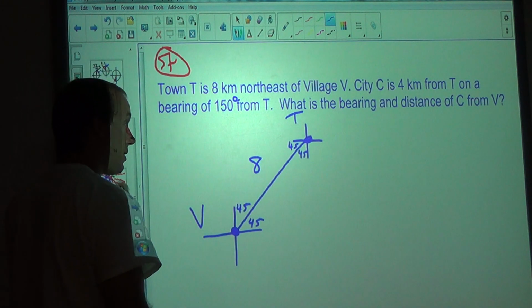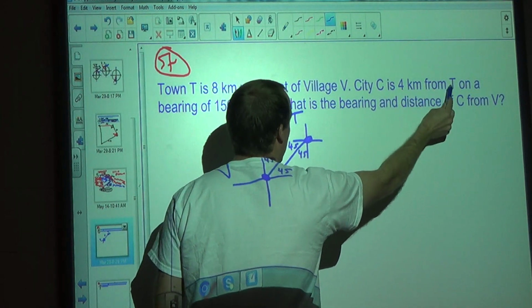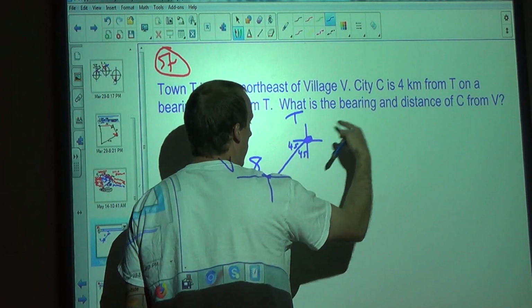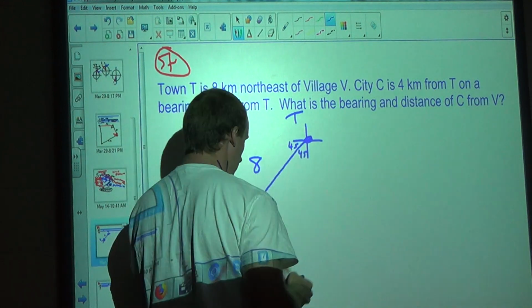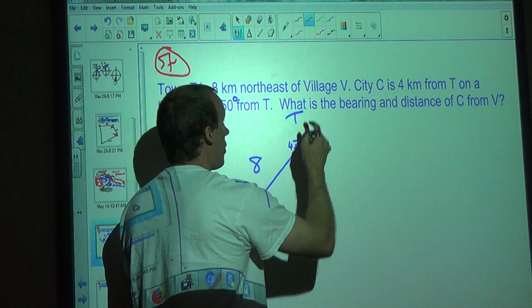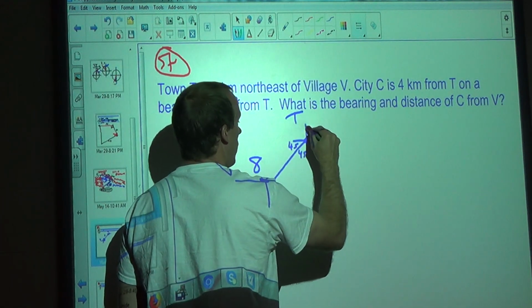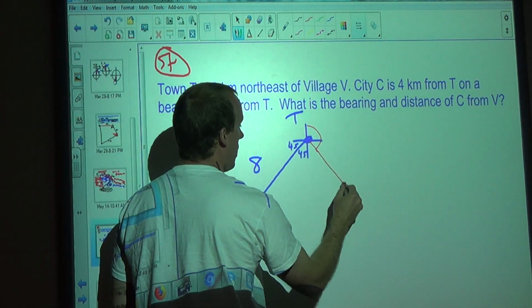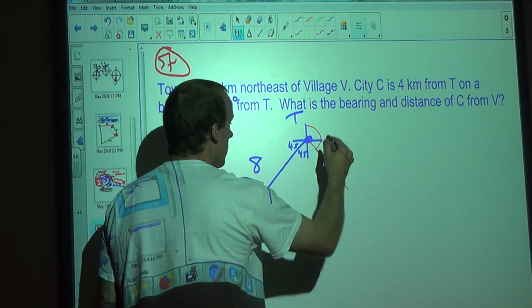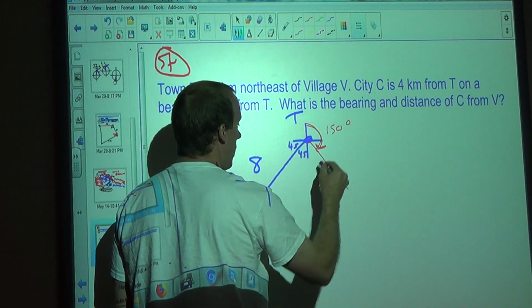Then it says city C is 4 kilometers from T. So you're starting at T on a bearing of 150. So 150 means you start at the north, and you're going to go down. Well, 90 is there, and it doesn't go all the way to 180, so we're going to go to here maybe. So 150 degrees would be from here to there.